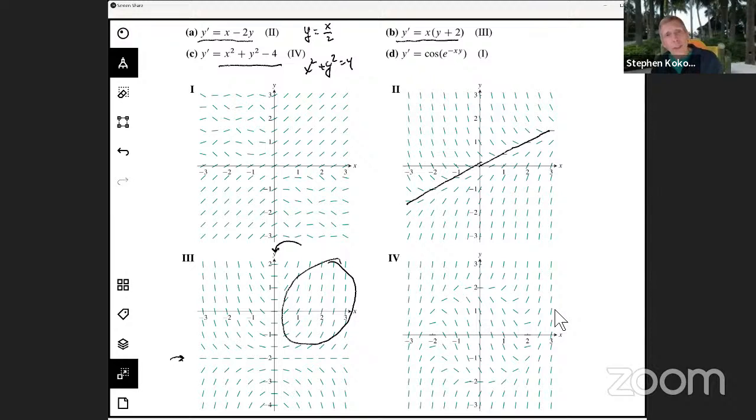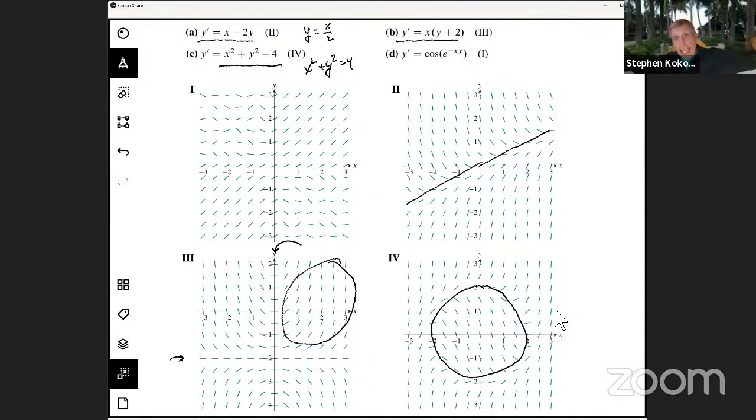Well, I know that if I pick an x and a y that satisfy that equation, it's on that circle, and that's going to make that derivative zero. And so it seems to me that on this circle, x squared plus y squared equals 4, those line segments better have slope 0. Now, I didn't take a very fine resolution as Tom was talking about, but I think you can kind of see along the circle the line segments have slope 0.